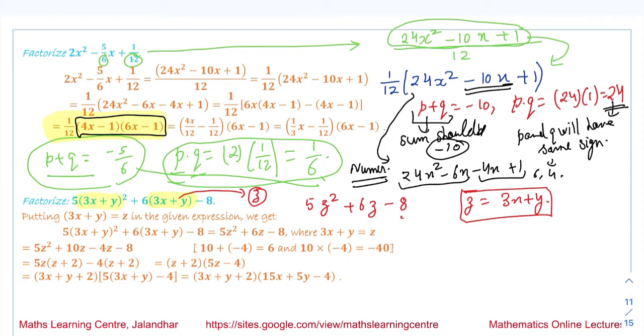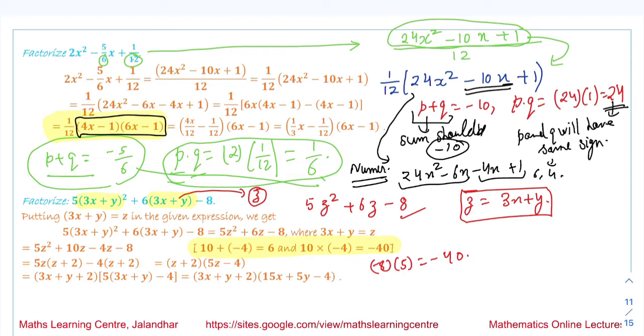And to solve this, how we have solved this, we are saying that the numbers we have obtained over here are 10 and minus 4, which are suitable for splitting the middle term. So we are saying 10 plus minus 4 is 6, and 10 into minus 4 is minus 40. Why it is minus 40 over here? Because it is minus 8 into 5, that is equal to minus 40.